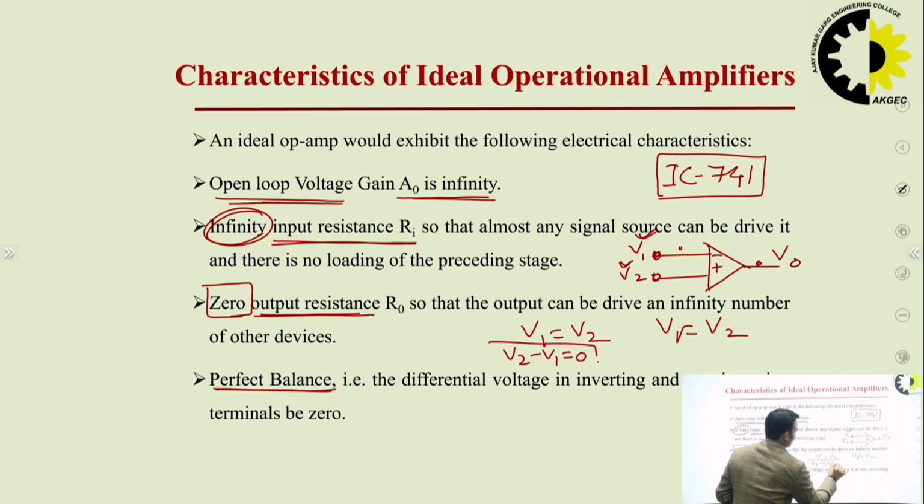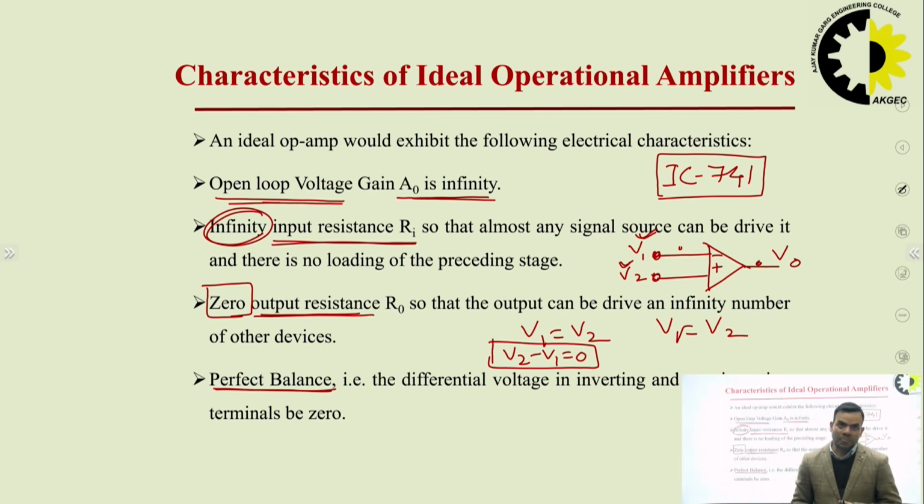This condition is called perfect balance condition, and this means input offset voltage is equal to 0. But unfortunately, it will never happen. Practically, it will never be 0. However, it will have very small value. This voltage difference will be around 2 to 6 millivolt.